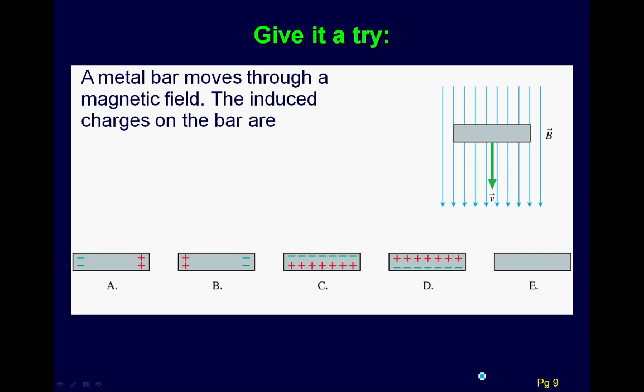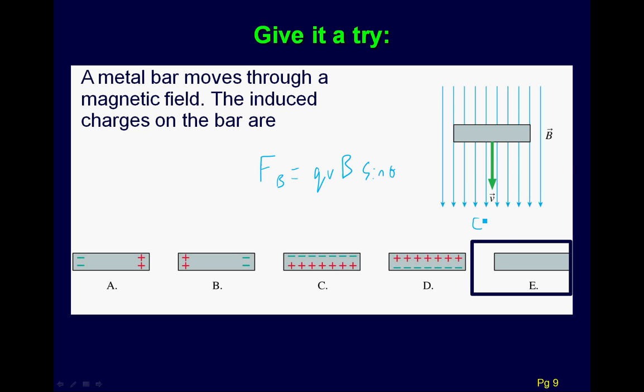Let's look at a picture. Here's an example. Here I have a metal bar moving in a magnetic field. I want to think about this and see which way the charges will align themselves. So pause this, give this a try, and see what you think. All right, this one's kind of a trick. You'll see that there is no force here. If you remember one of our foundations, the force from a magnetic field is QVB sine theta, where the sine theta is the angle between the velocity and the B field.